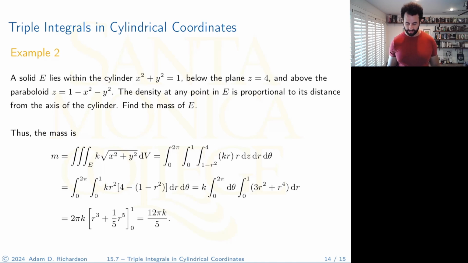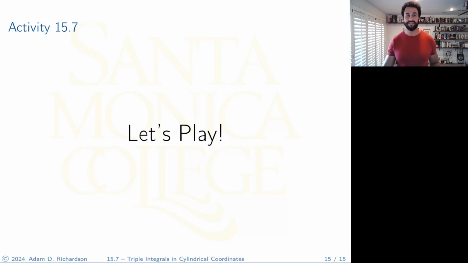We can do a product of two integrals because the remaining function doesn't depend on theta. So we get two separate integrals. Apply FTC2 twice. You get this, simplify, and you get that. So that is the mass of that region: 12 pi k for whatever that constant is, divided by 5.